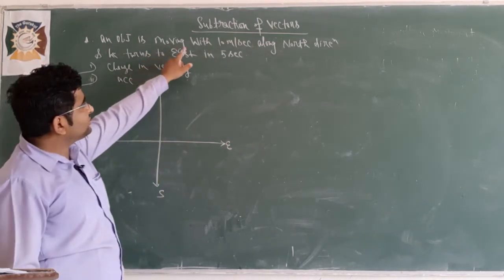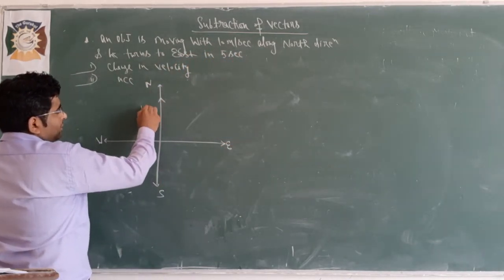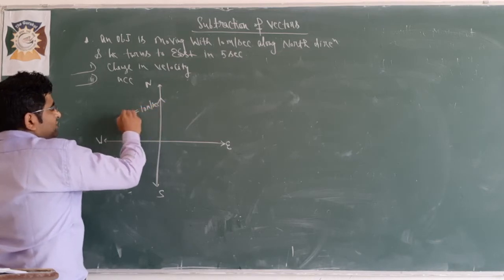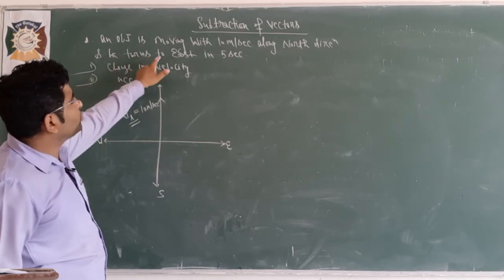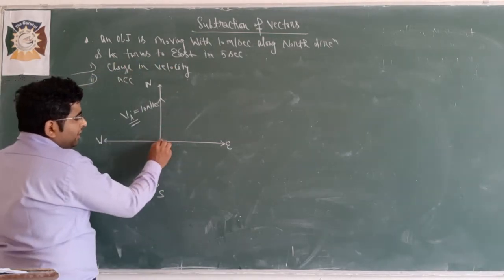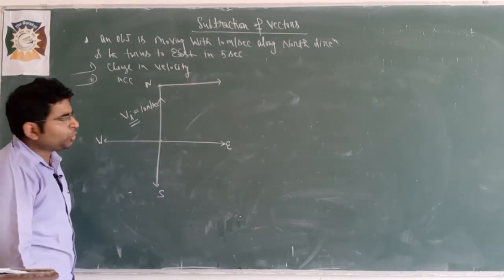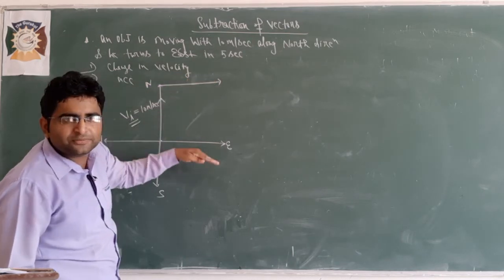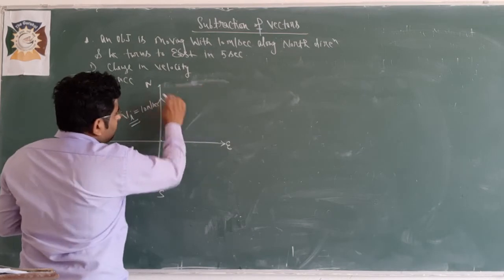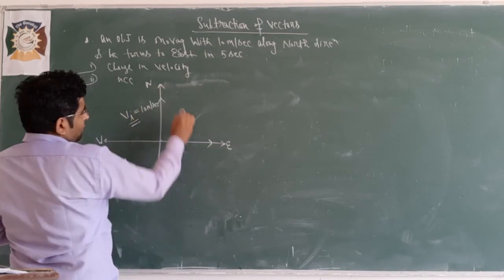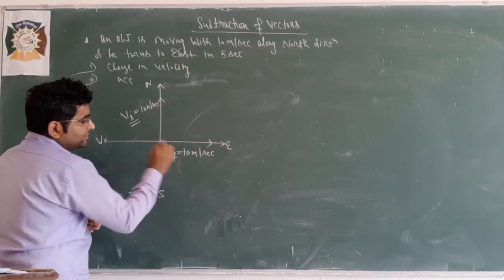So initially the object is moving with 10 meter per second along north direction. So here 10 meter per second. So it is initial velocity. After 5 seconds he turns to east. So beta, suppose here he has turned towards east, then we know that parallel vectors can be displaced, so I am representing this vector also from here in this direction. Again the speed is 10 meter per second. So it is final speed.